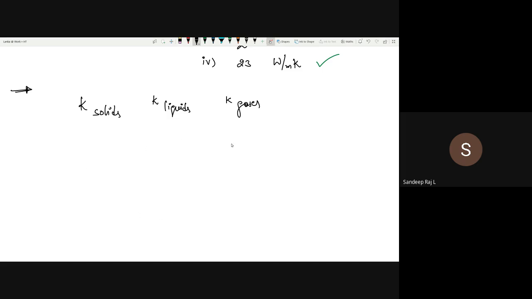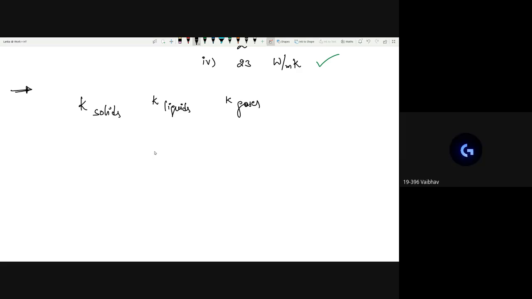Among these, which one will have more thermal conductivity? Will solid have more thermal conductivity, or gas, or liquid? Please tell me. Solids will have. So why solids or why gases? Can you give an example and explain?